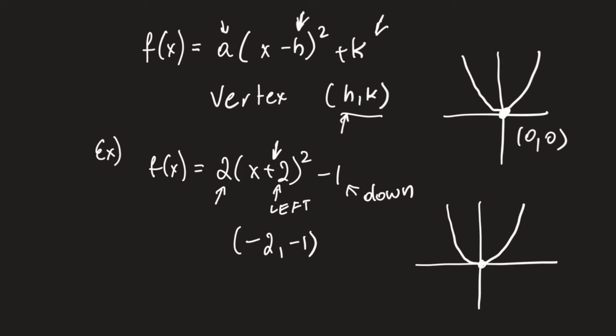So since we have plus here, the vertex is actually going to be shifted to the left. Knowing my new vertex is at negative 2, comma negative 1, I can go negative 2, comma negative 1. My new vertex will be here. That 2 in front also means that it's going to shrink the parent function, which if we're going to sketch it, it's just going to look like this.